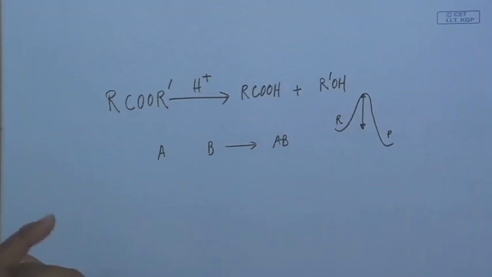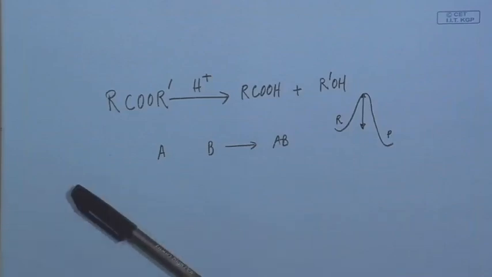That is, if you have the option to bring A and B close to each other, then with one collision, if we consider that collision theory can explain everything, or if we just think of collision, then in a single collision it will make a bond.